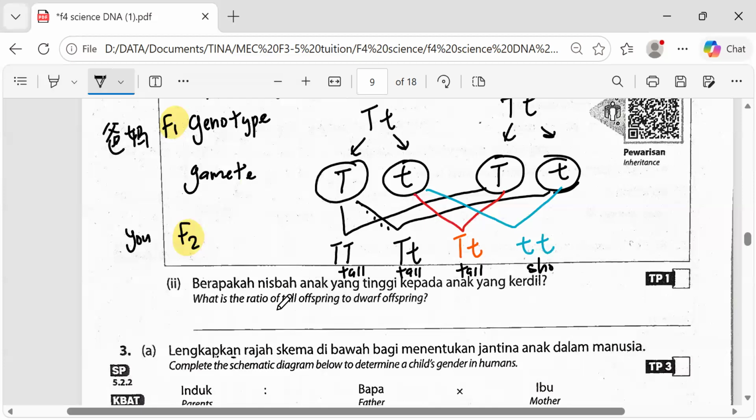This is what I mean. What is the ratio of the tall offspring to the dwarf offspring? 3 tall to 1 short.